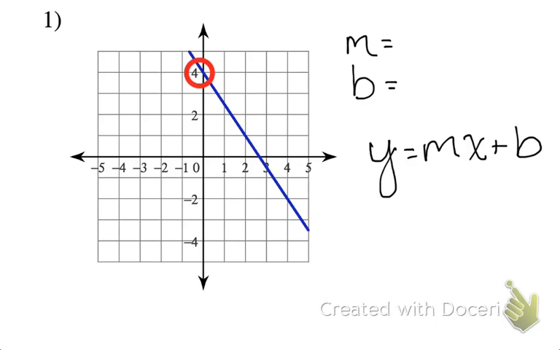That point happens to be a y value of 4. When we're finding the y-intercept, we're only interested in finding where it crosses and what the y value is for that particular point. So our y value is 4, which means that our b will be 4. And since it was a positive 4 for the y value, then b will be a positive 4.